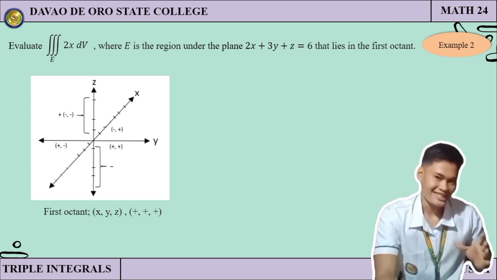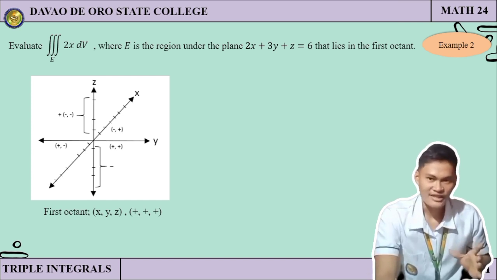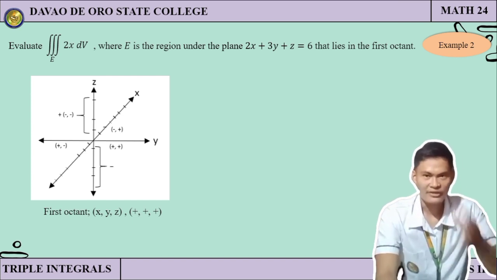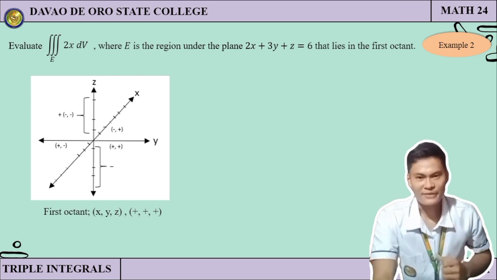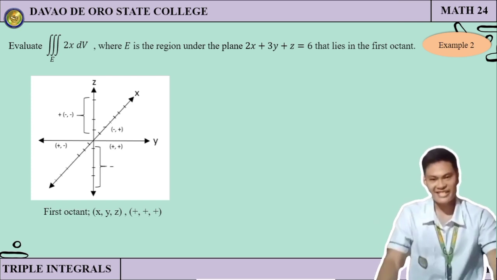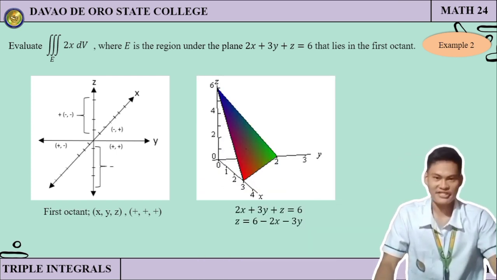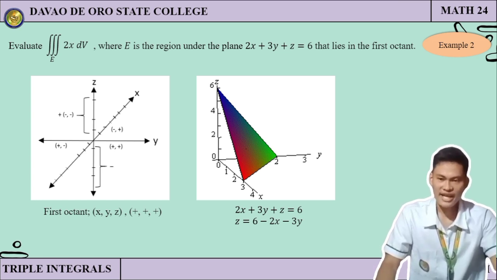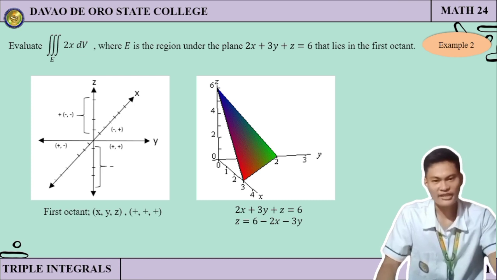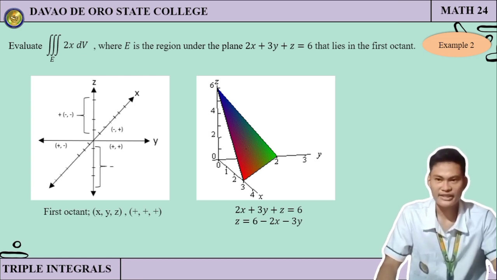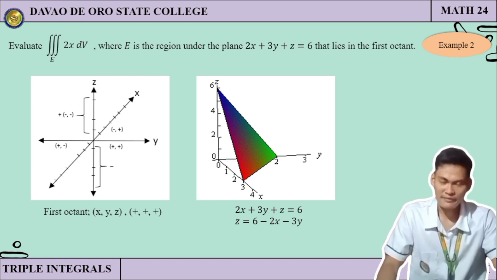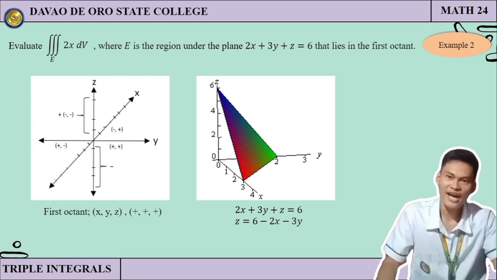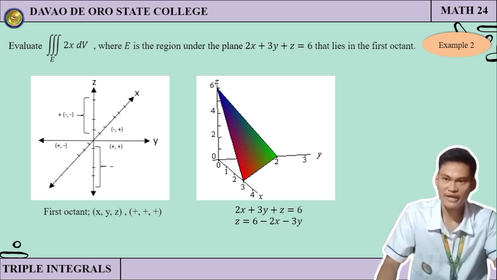So, let us sketch our function in the first octant according to the condition of the problem. Since this is a triple integral, we have 3 differentials here, dz, dy, and dx. The z-axis will serve as the height of our solid. The problem tells us that E is the region under the plane 2x plus 3y plus z that is equal to 6.